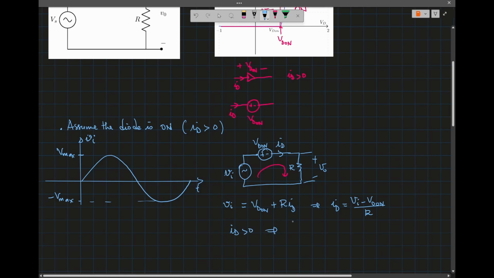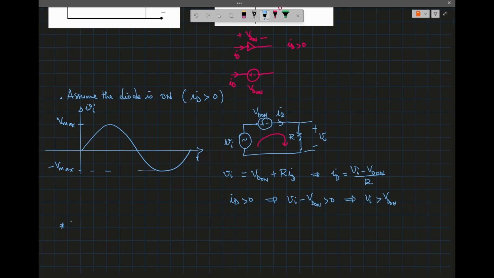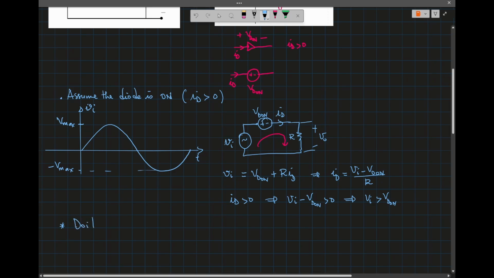So this implies that VI minus VD on must be positive, and this gives me VI bigger than VD on. So from the analysis that we just did, diode on, when VI is bigger than VD on.